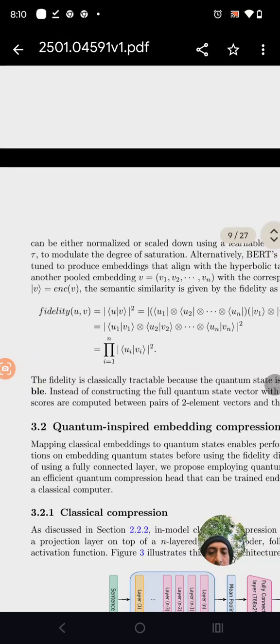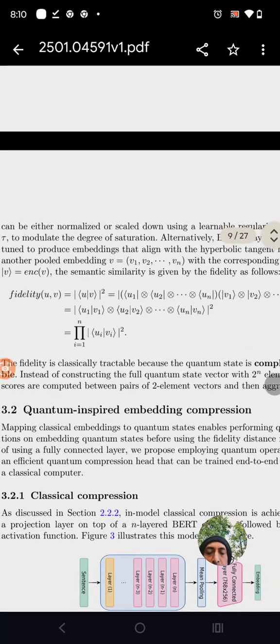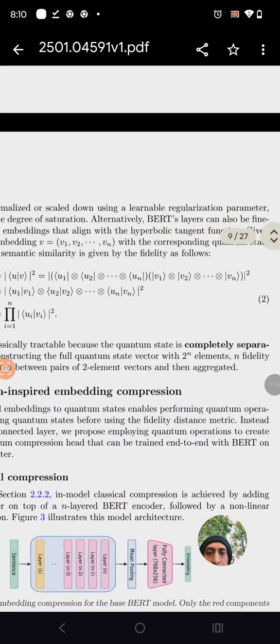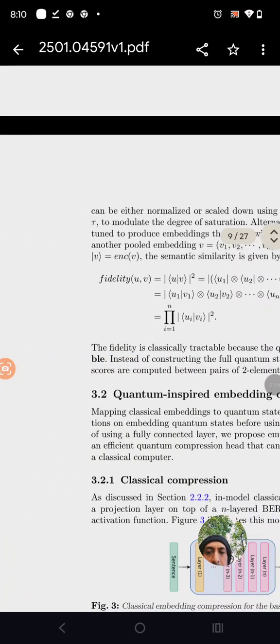This is classically tractable, meaning it can be computed using classical operations on classical computers, because the quantum state is completely separable.